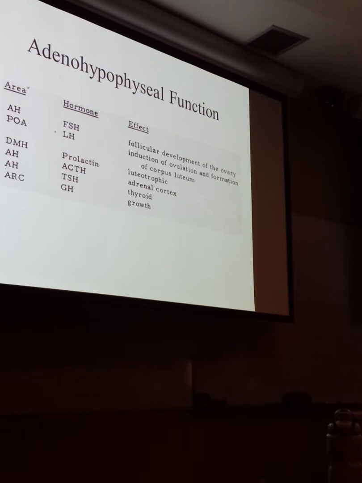The preoptic area has releasing factors that trigger the release of luteinizing hormone. Dorsal-medial hypothalamus, prolactin; anterior hypothalamus, ACTH, thyroid hormone. The arcuate region gives you the growth hormone.